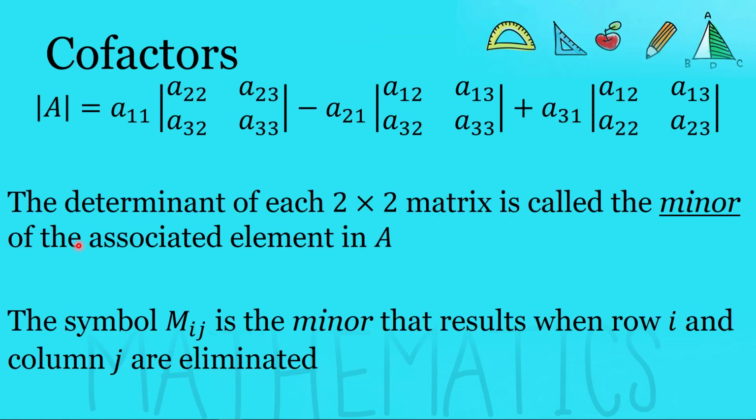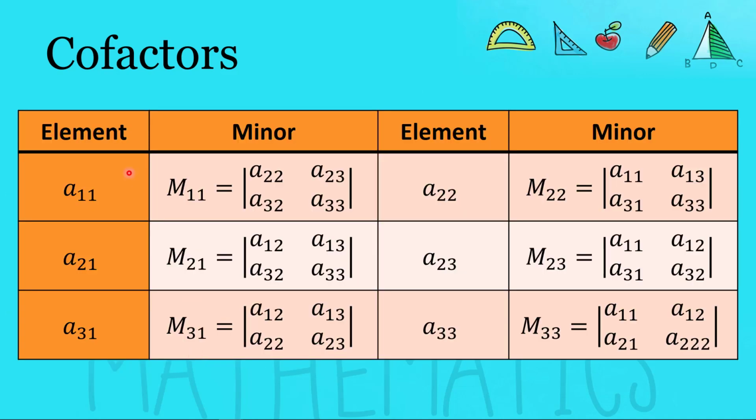So this is what we have. The determinant of each 2 by 2 matrix is called the minor of the associated element in A. The symbol Mij is the minor that results when row i and column j are eliminated. So what does that mean? Well, if your element is A11, then this is your minor.